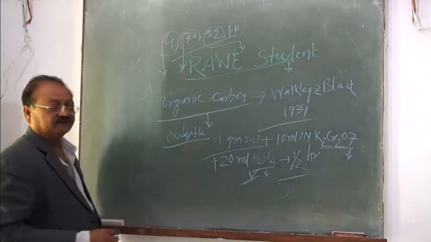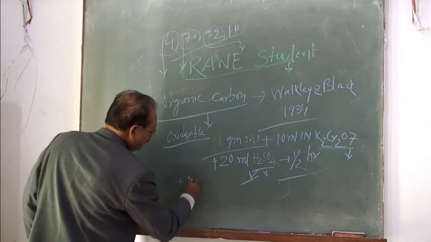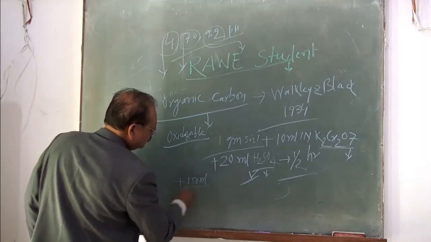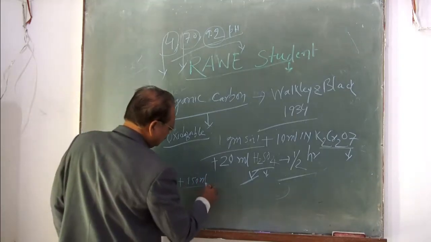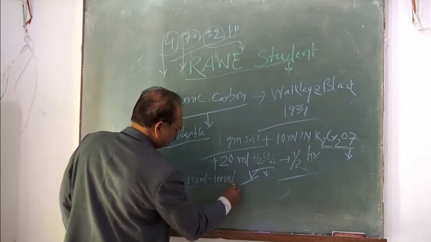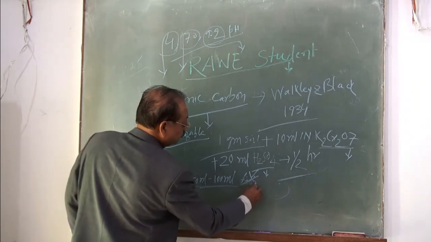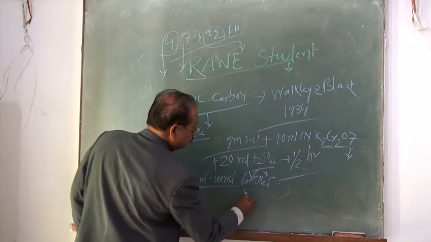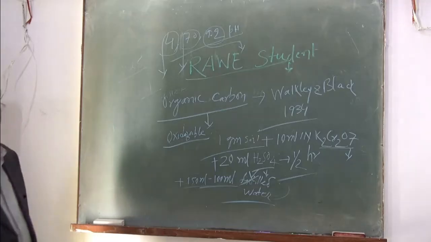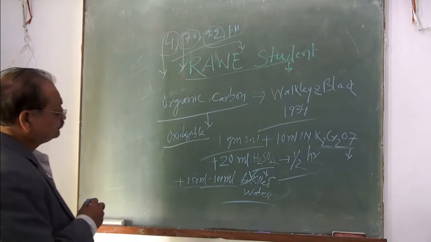Now, after half an hour, you add 150 ml or 100 ml distilled water. If you don't have distilled water, you can add tap water also, nothing to worry.